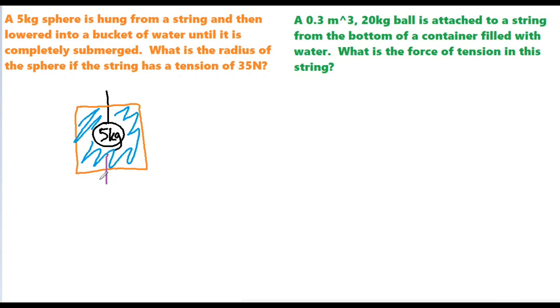So of course we have the force of gravity pulling straight down as usual. We have our force of tension from the string that's got to be pulling it up.